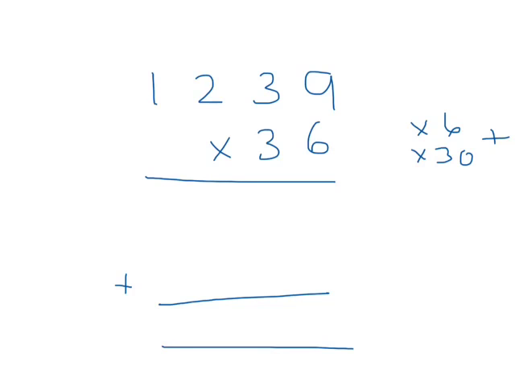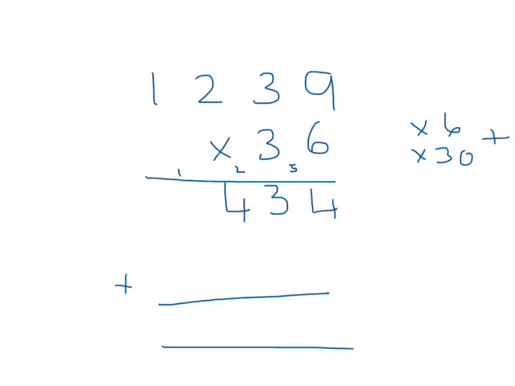6 nines are 54, so I put down the 4, and the 5 usually goes in the basement, but it's difficult because it might get in the way here. You may just want to write a tiny little 5 there to remind yourself. Now we do 6 times 3 is 18, and the 5 is 23. And then 6 times 2 is 12, and the 2 is 14.